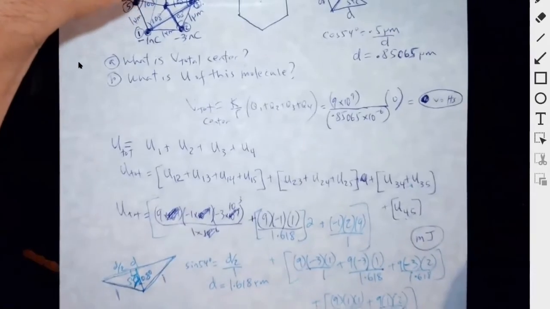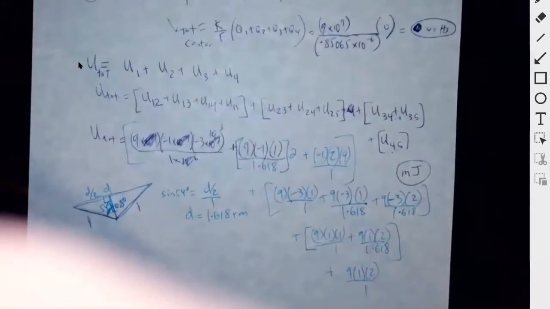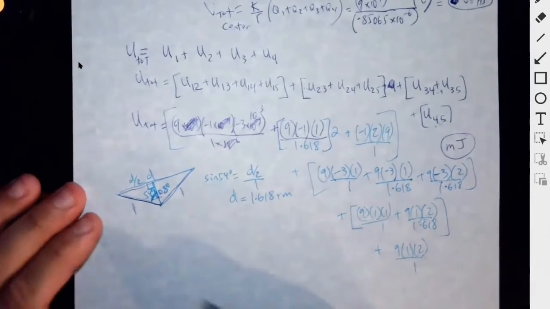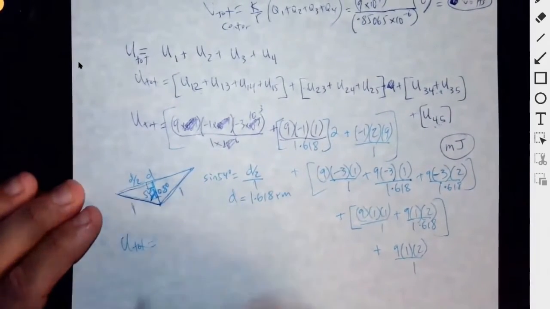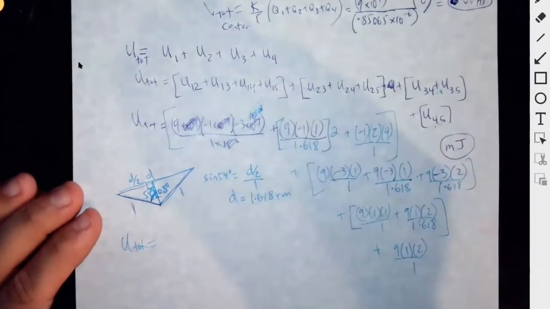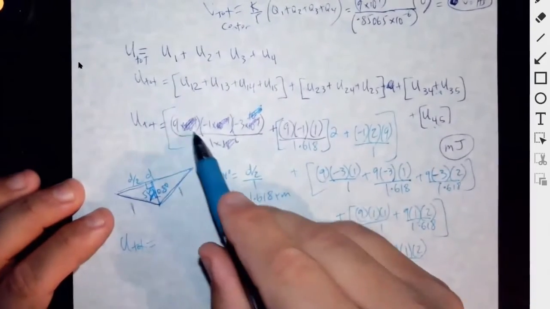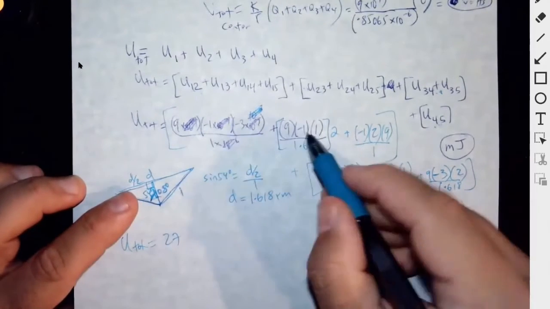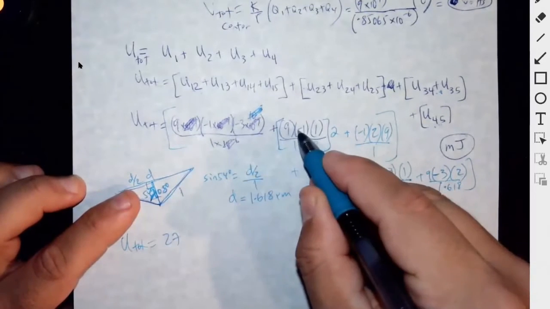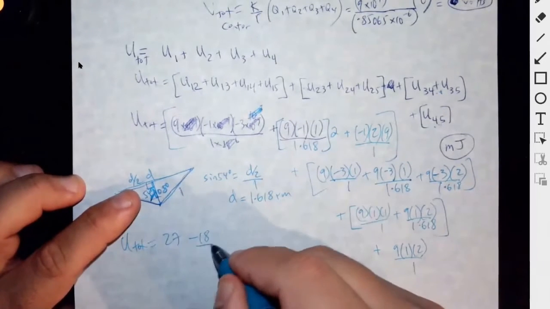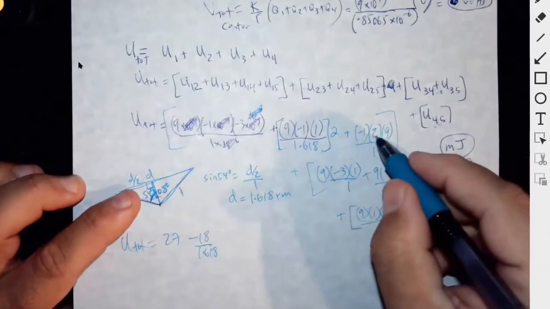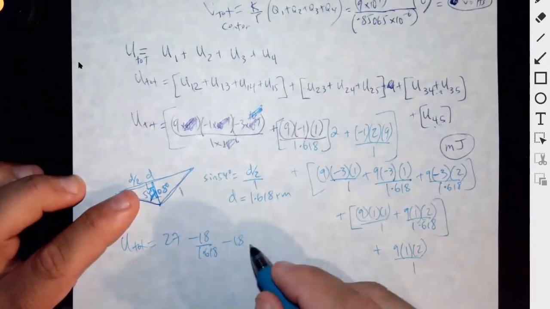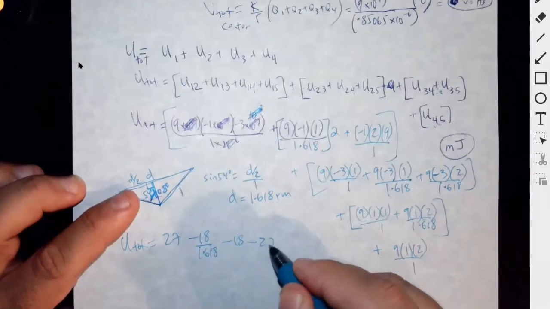So it's a matter of just accounting for everything that's possible for energy. Okay, so don't worry about powers of 10, they're going to come out millijoules. So 9 times, this is going to be 3, so that's 27. This is going to be negative 18 over 1.618. This is going to be negative 18. This is going to be negative 27.